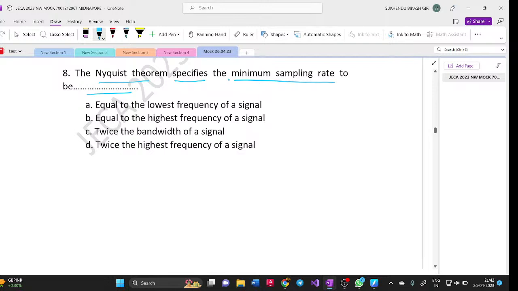Don't get confused by the minimum sampling rate. What will be the answer? Quick, very easy.